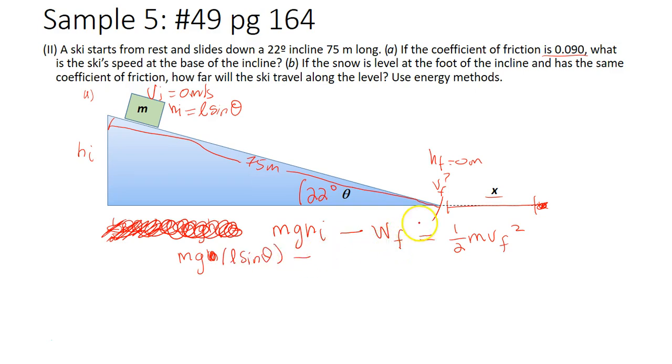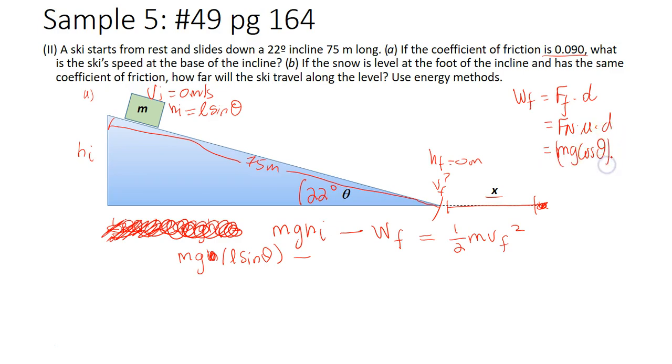Okay, so work done by friction. We know that work done by friction is going to be force friction times d. For inclined planes, I'm going to make a jump here. The force normal times mu times d. The force normal for inclines is mg cosine of the angle.